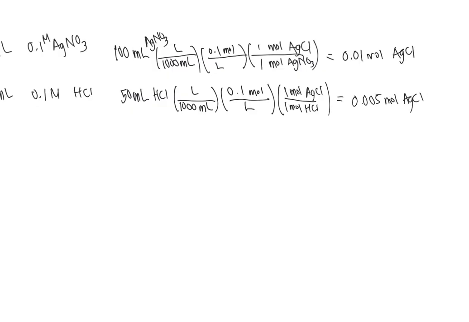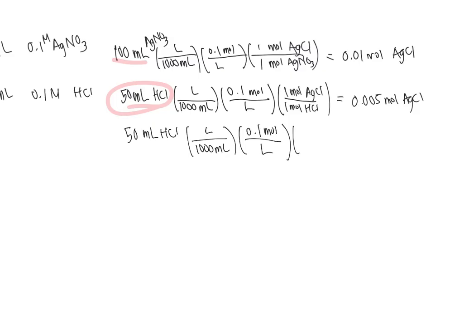So if you remember, this means that our hydrochloric acid is our limiting reactant, so not all of this 100 milliliters is going to react, so we need to find out how much will. So let's start with our limiting reactant, 50 milliliters of HCl. And we're going to go to moles, so 0.1 molar.